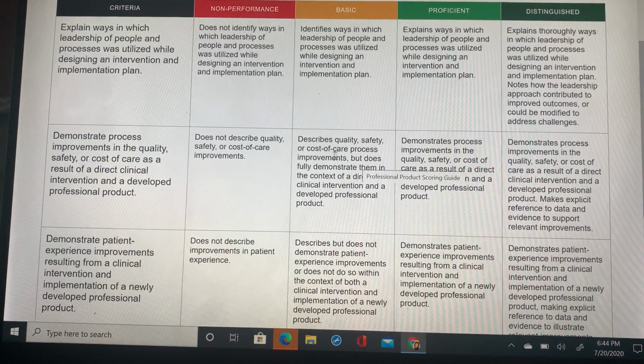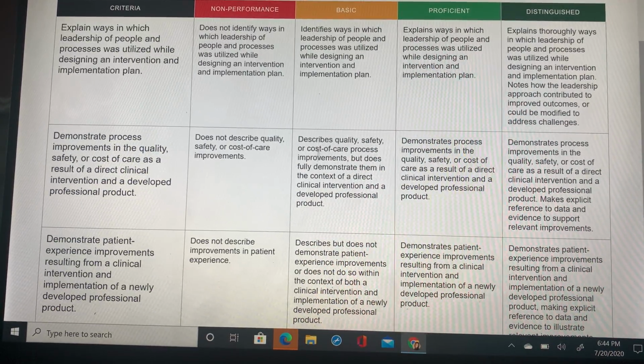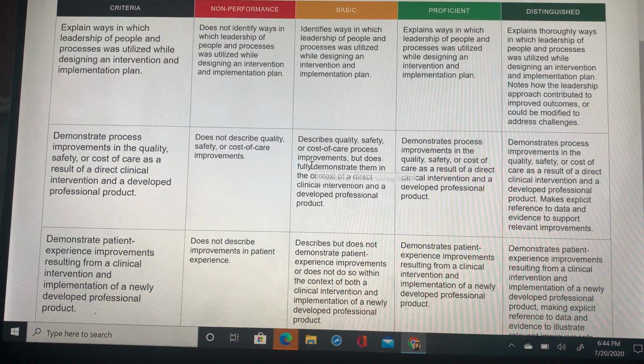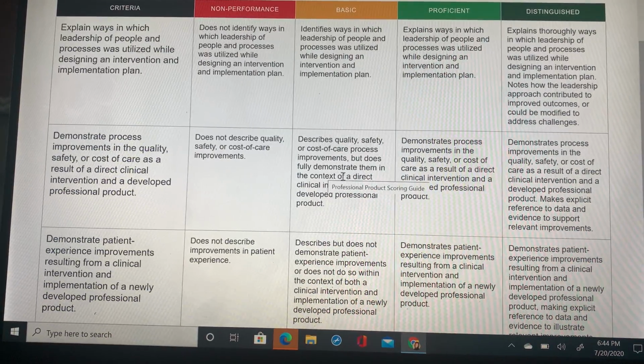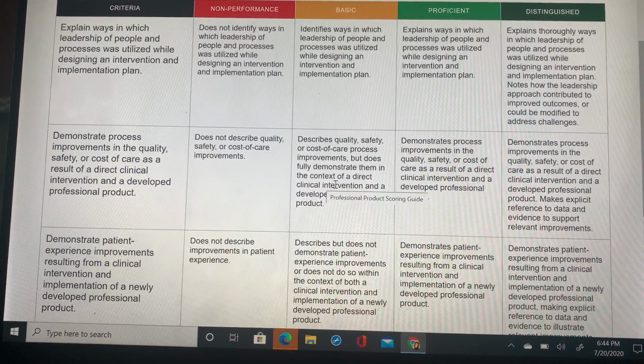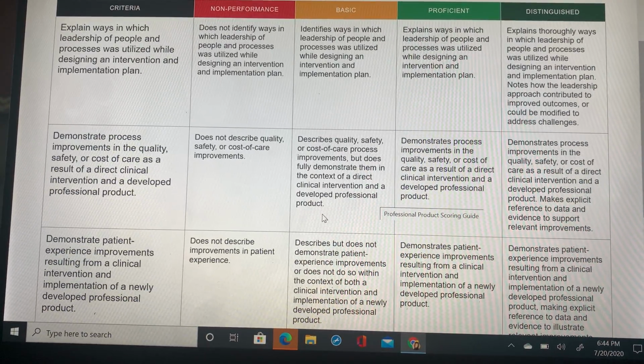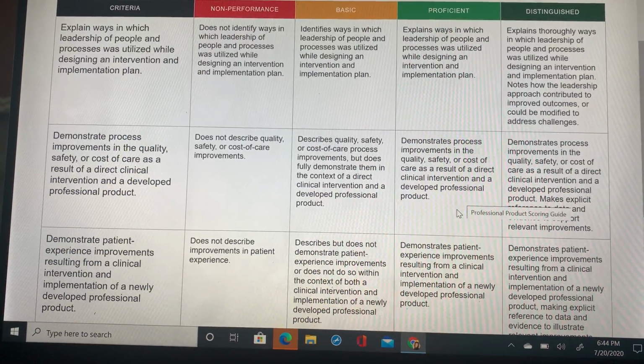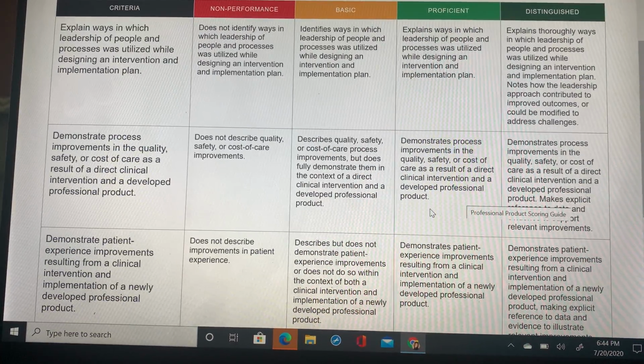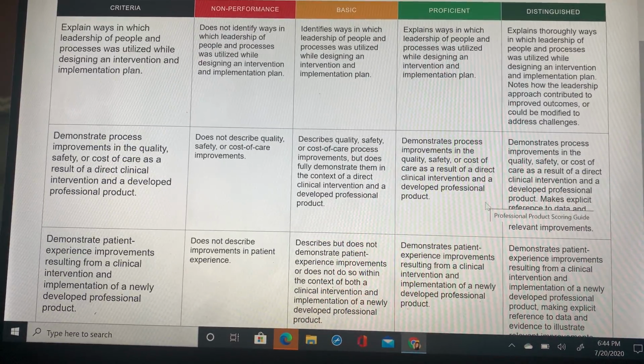Basic describes quality, safety, or cost of care process improvements, but does not fully demonstrate them in the context of a direct clinical intervention and a developed professional product. Proficient, you understand. It's just not, you didn't do it 100%.